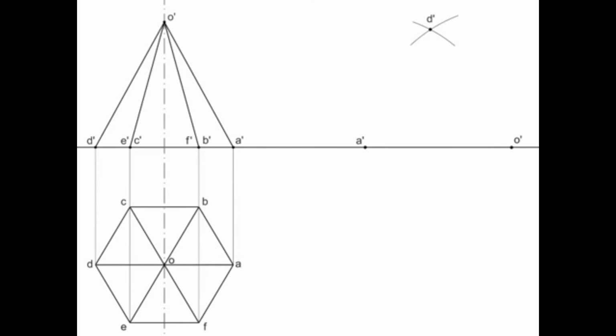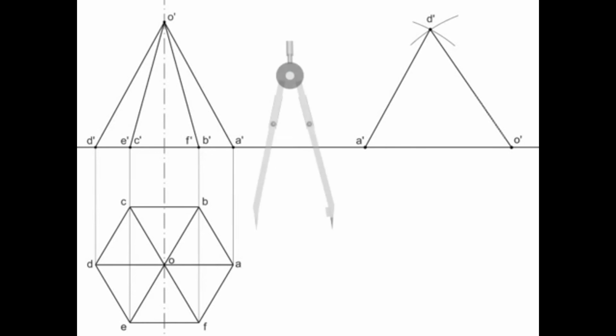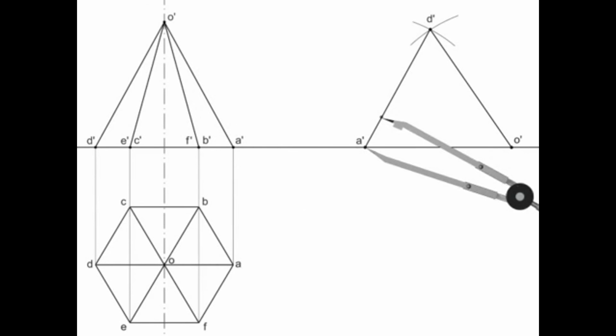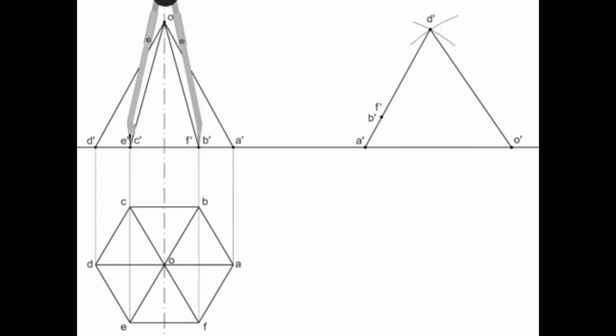Then join points A', D' and O'. Now take positions of the other points and locate them on line A', D'. Connecting each point to the apex O', we are ready with the complete elevation.